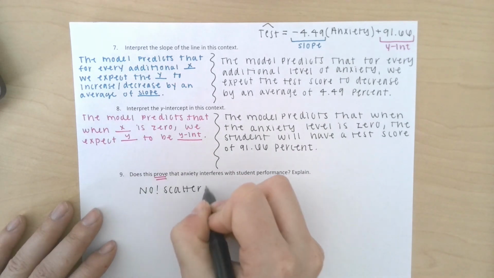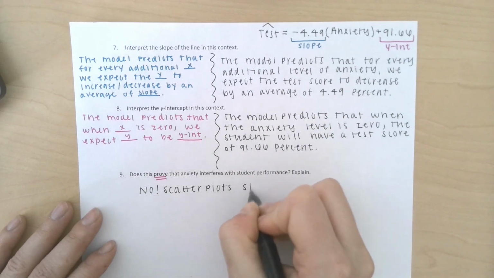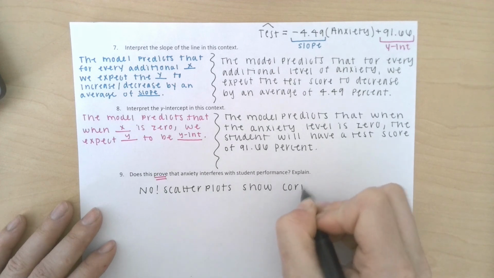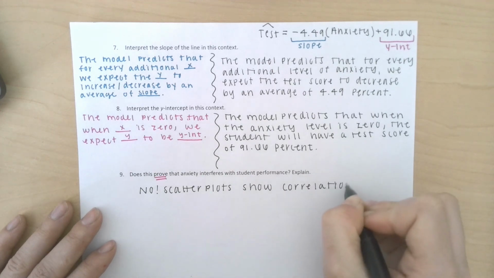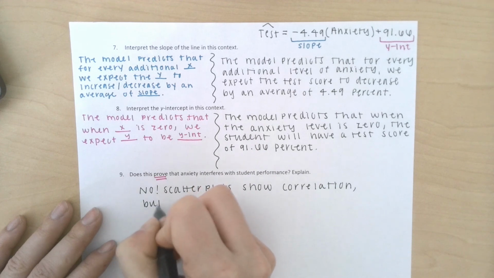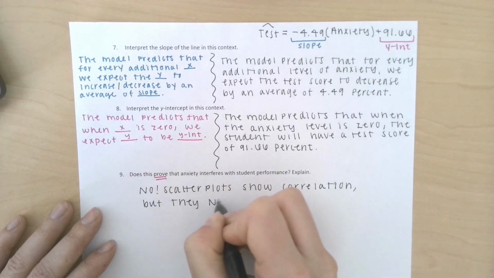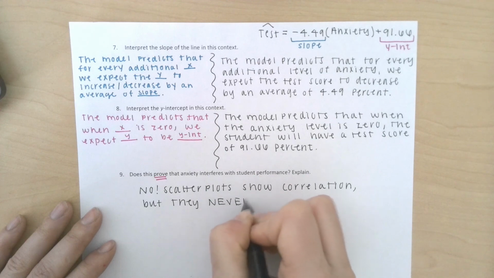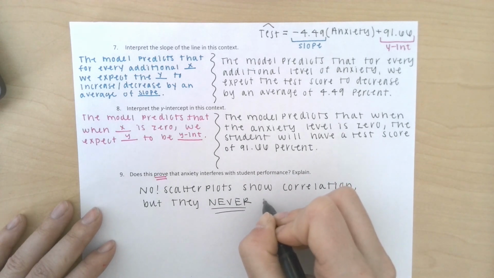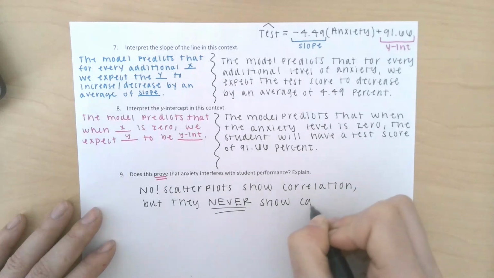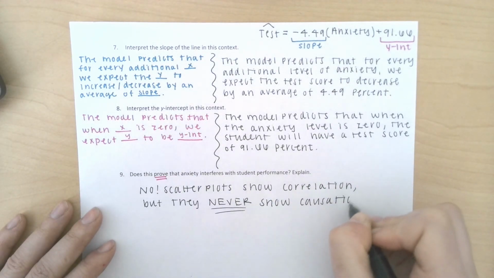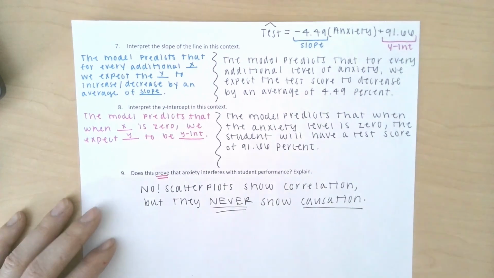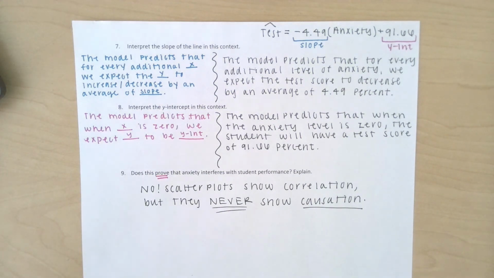Scatter plots show correlation or some kind of relationship, but they never show causation. The only way that we can prove causation is to run an experiment. We have not done a full experiment here. This was just kind of collecting some data. So my scatter plot here cannot prove that causation.